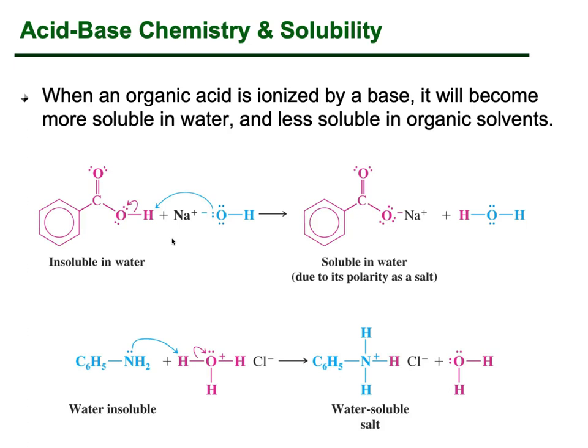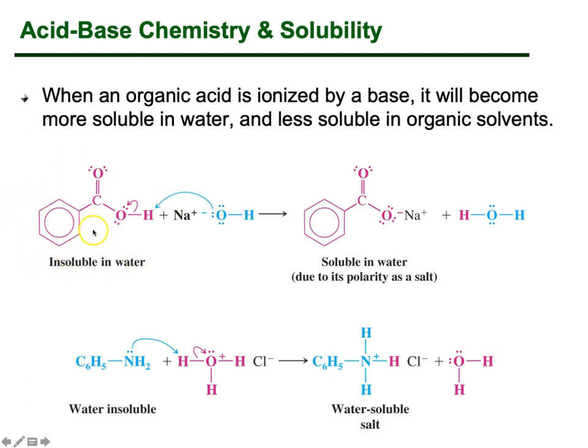So acid-base chemistry is really important in our study of organic chemistry also because of its effect on the solubility of various materials. This will be particularly important to you in the lab, but it will also be important as we discuss the appropriate solvents to use in various chemical reactions. And so here you can see benzoic acid, which is an insoluble compound in water.